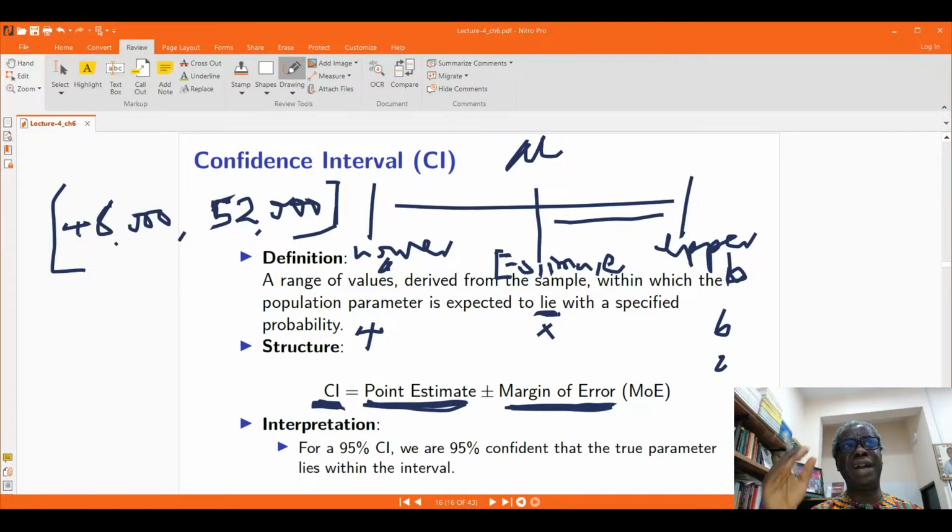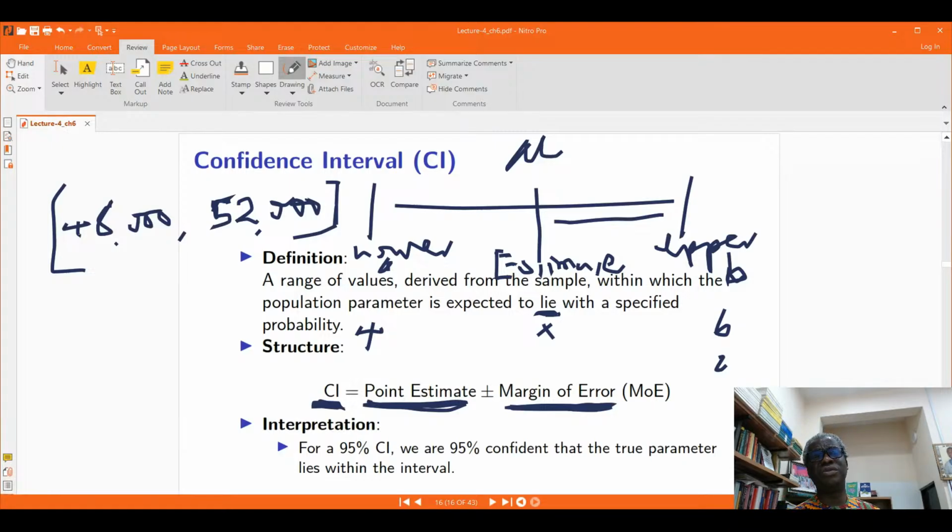And going by the interpretation that I earlier mentioned, if we take a sample of a given size from this population, and we compute the confidence interval of the mean from this sample, then take a second sample of the same size from this same population, we obtain another confidence interval, which might be different because the sample values will vary.